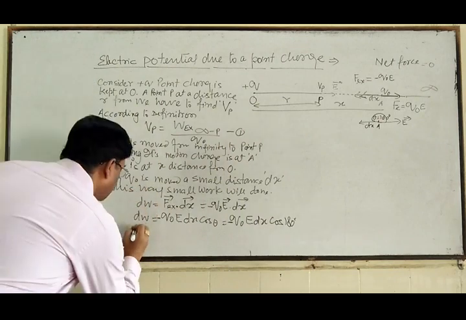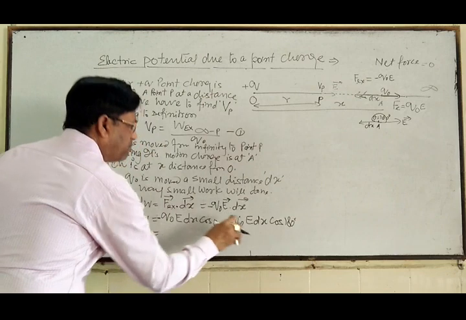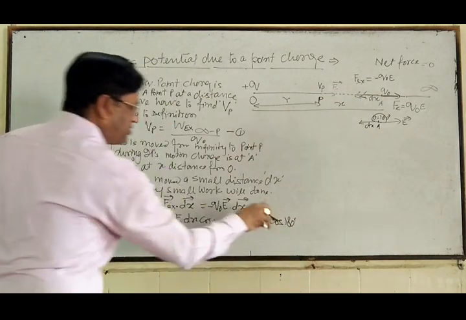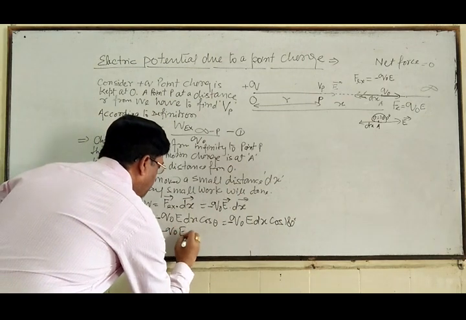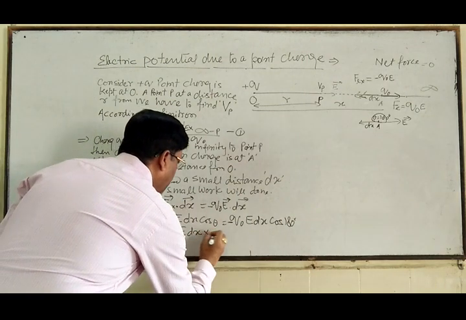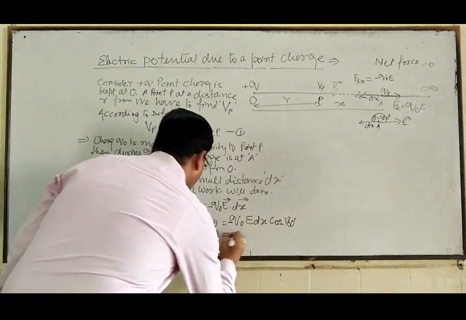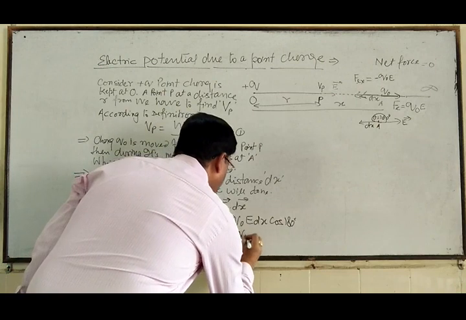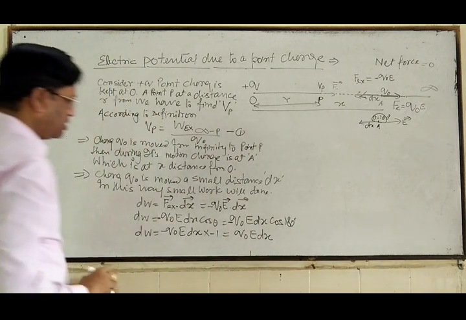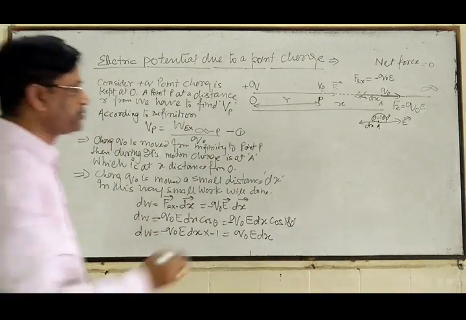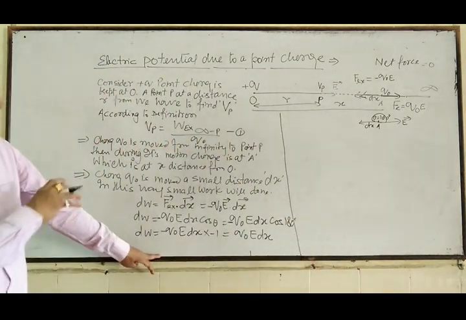This cos 180 degree, then dW is equal to, it is minus, and value of this is minus 1. It is minus Q naught E dx into minus 1, then this is equal to Q naught E dx. This dW equal to Q naught E dx. Up to here it is clear.